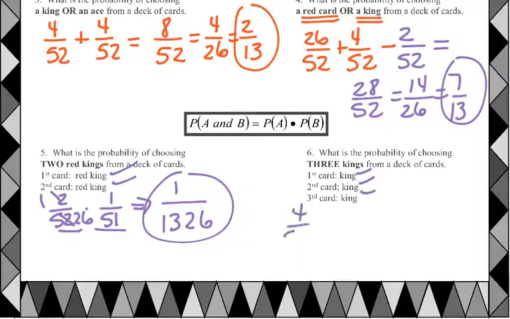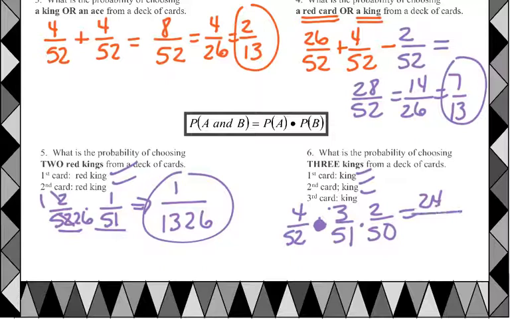Well, the first card could be a king, 4 out of 52, the second card could be a king, 3 out of 51. Third card could be a king, 2 out of 50. I'm just going to multiply those together here, and then I'll reduce it. So I get 24 out of, and I know that this is not reduced yet, 132,600.